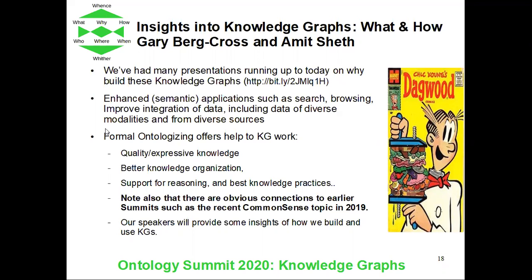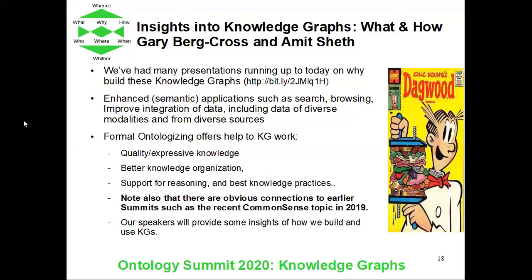I note also that some of these ideas have appeared in earlier summits. Last year, for example, when we were talking about explanation, Thorsten Hamann and I had a track on common sense, and we had people like Nick Tandon talking about common sense in knowledge graphs and the help that gives with explanation.